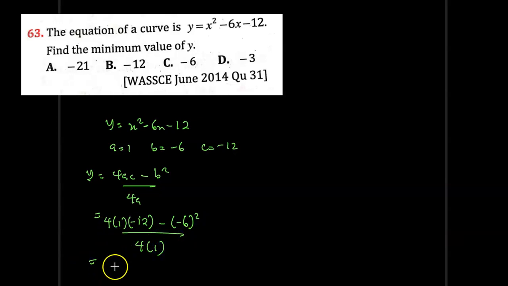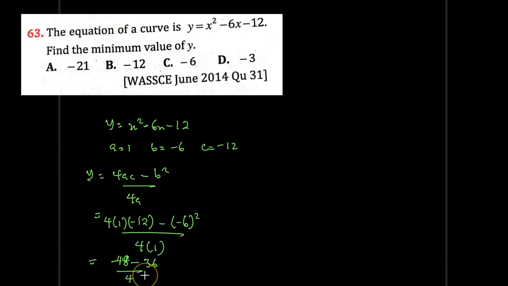So 4 times 1, which is 4, then 4 times -12, we have -48. Then minus -6 all squared is 36, all on 4.